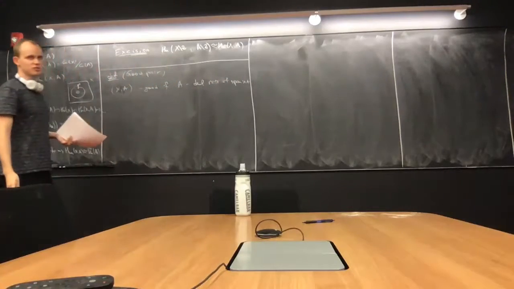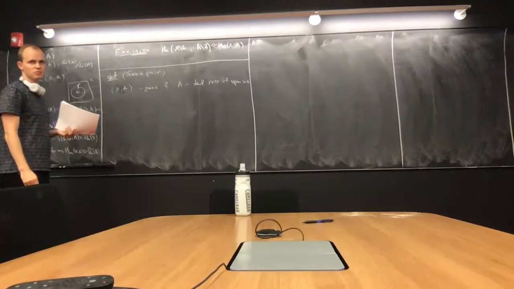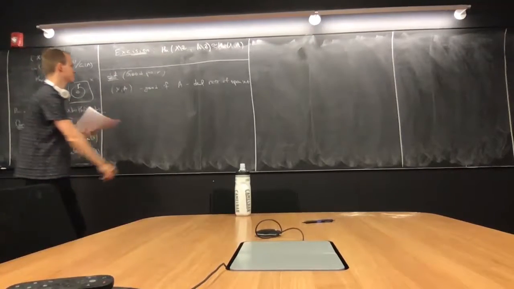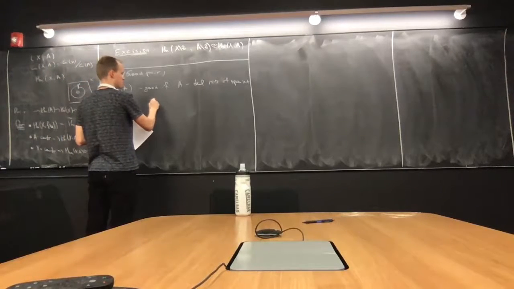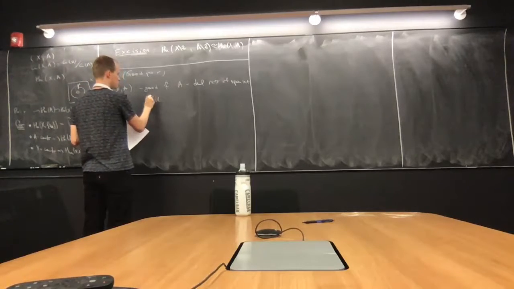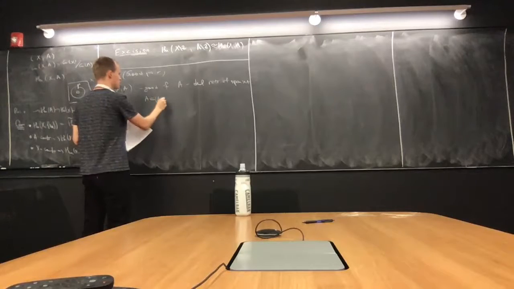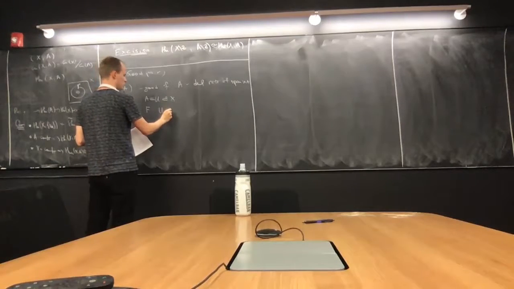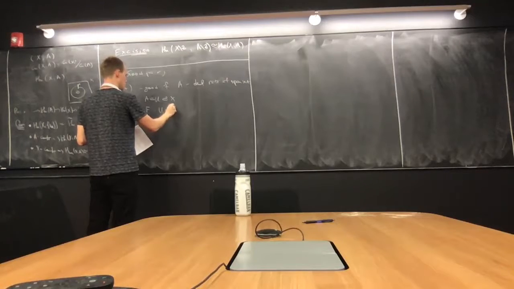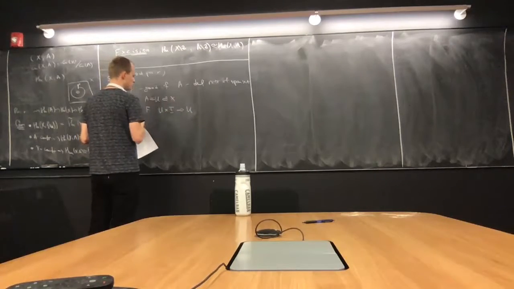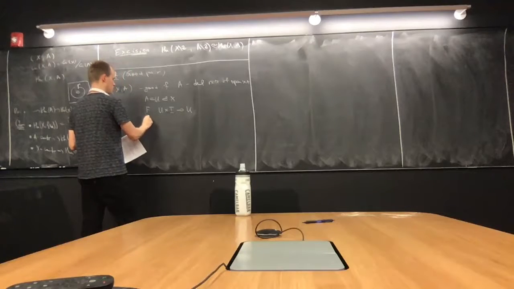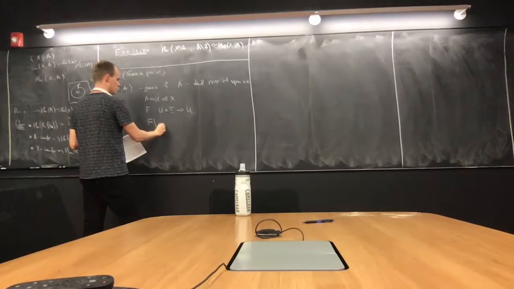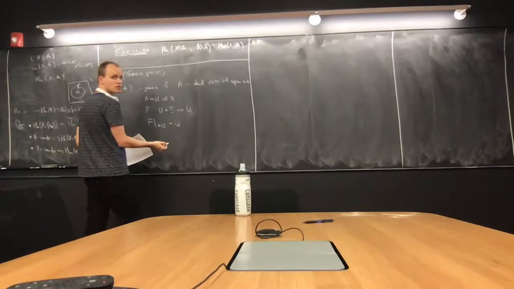So a deformation retract is, let's say you have some U, A is in U, U is open, and you have a function F from U cross the interval into U, such that F restricted to A at all times is just the identity.